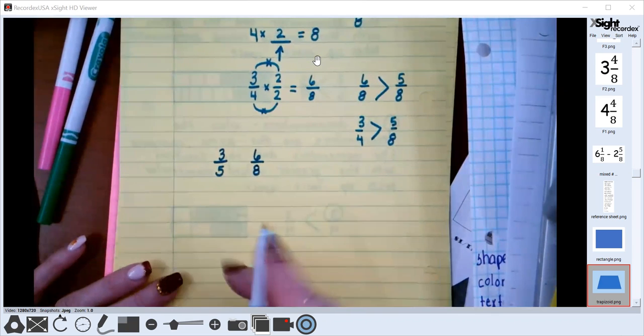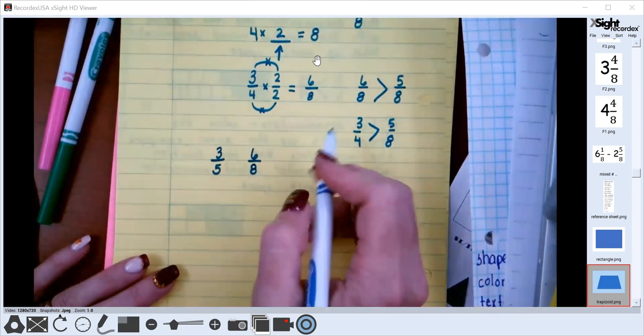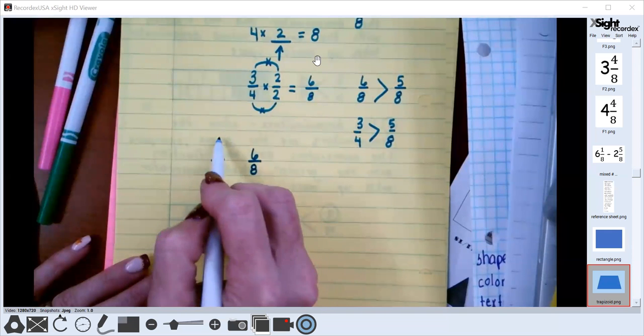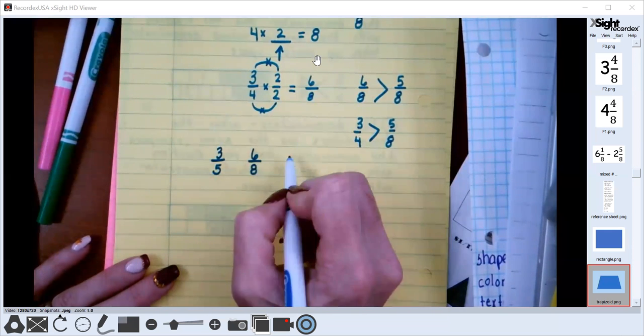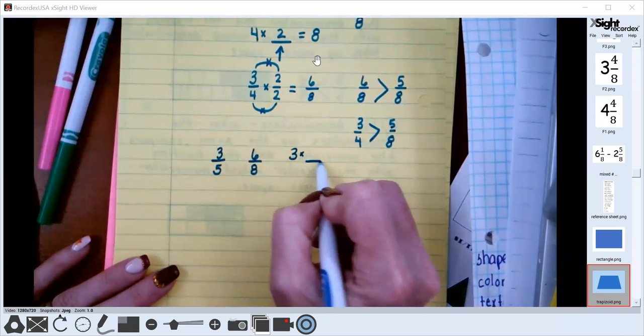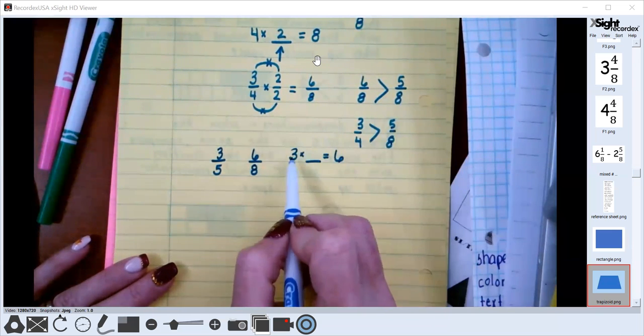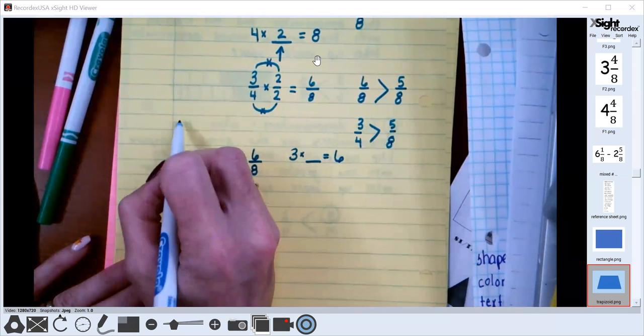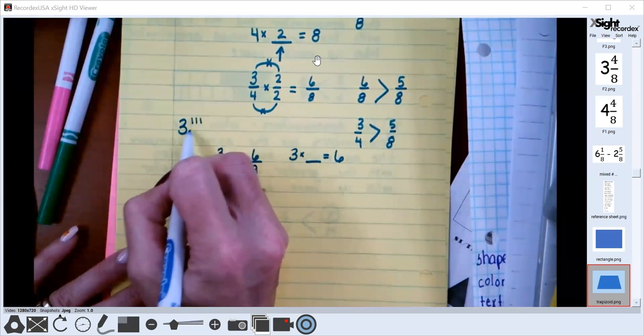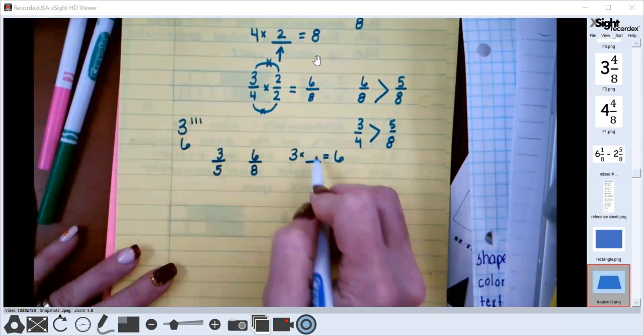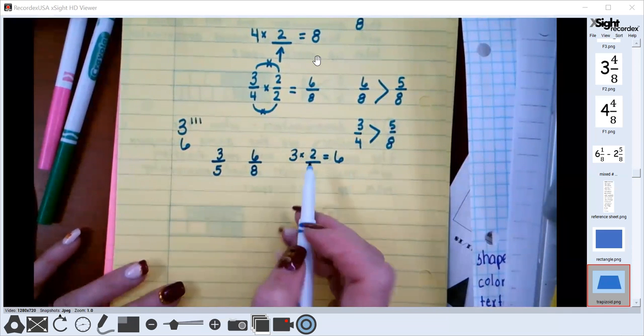So I want to compare these. I'm going to do the same thing that I did before, where I'm going to take my smaller valued numerator and see if I can multiply anything times that to make the larger valued numerator. So what times 3 equals 6? 3, 1, 2, 3, 4, 5, 6. So 3 times 2 equals 6.